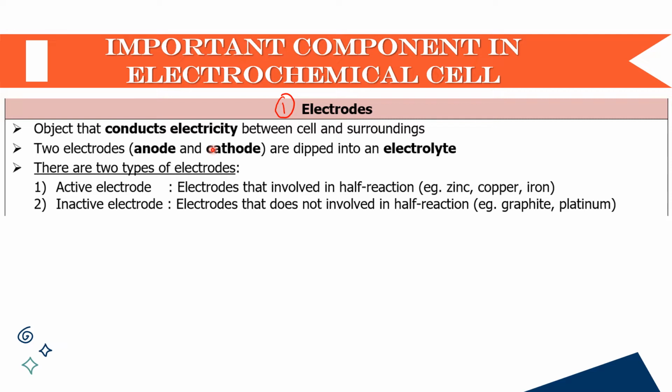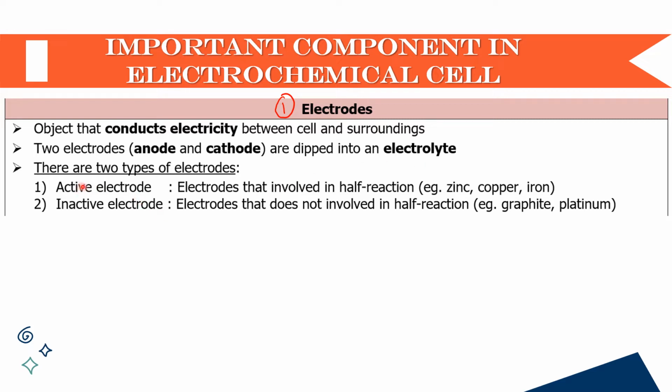In one electrochemical cell, we must have two electrodes, an anode and a cathode, which are dipped into an electrolyte. Why must we have two different electrodes? Because one electrode will be used for the oxidation process, the other for the reduction process.